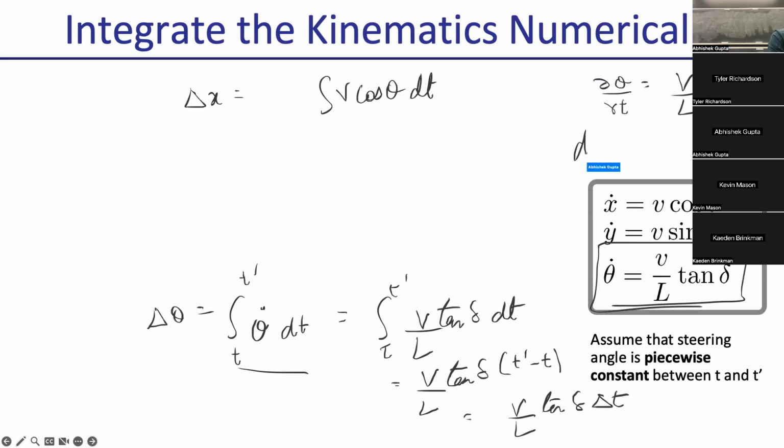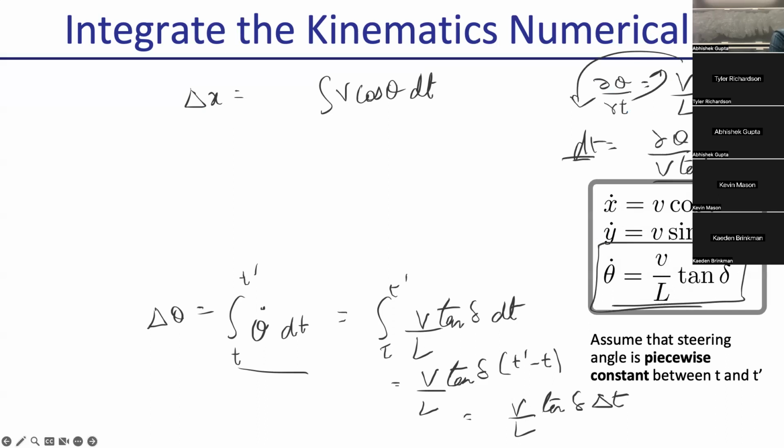So we can write dt as d theta over v tangent delta times L, right? Just move it to the other side. We've just moved this to the other side, moved this down here, and so we've written out dt in terms of d theta.